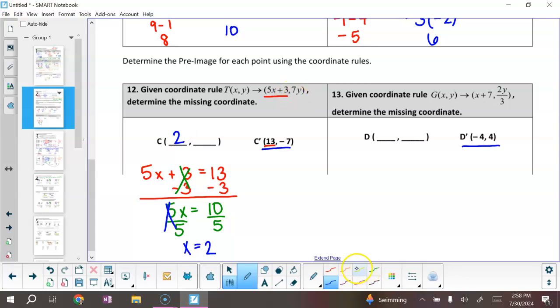Our second one says 7y, and we're going to set that equal to the negative 7. Just like what we did before, we're going to divide by 7, and we're going to get y equals negative 1. And that goes up there.